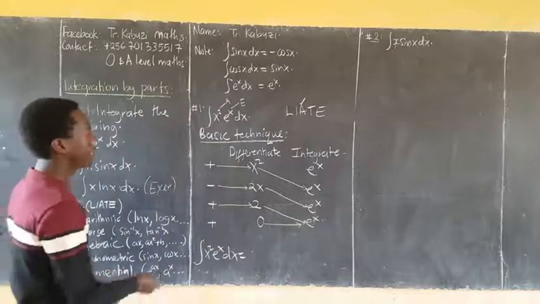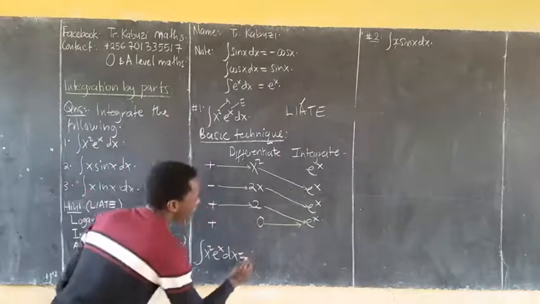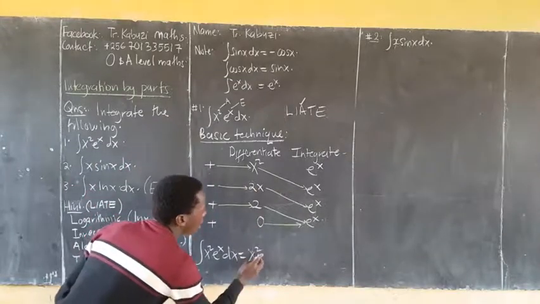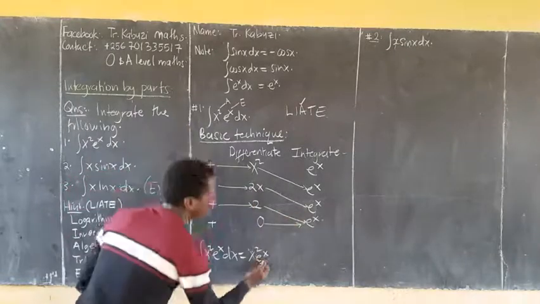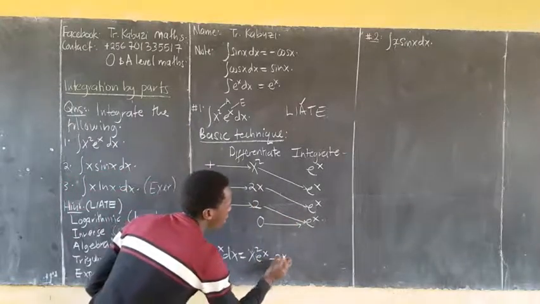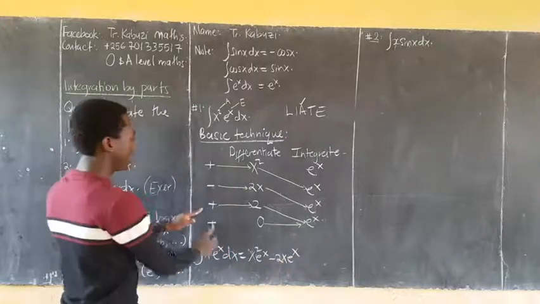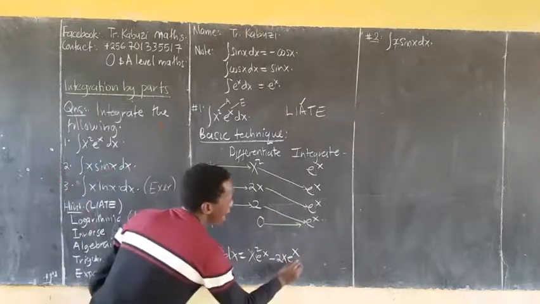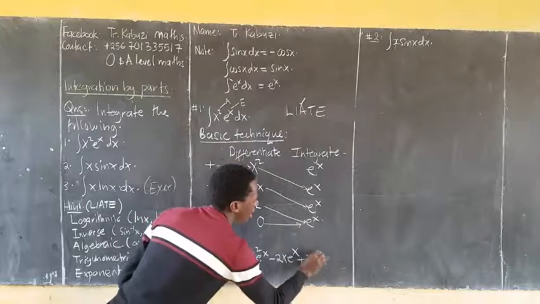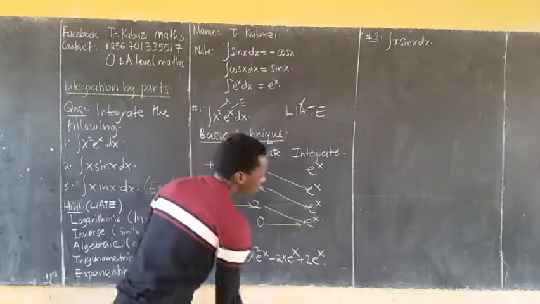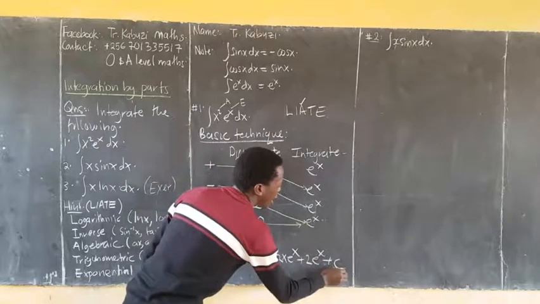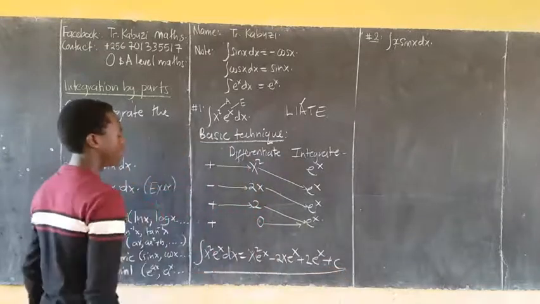This times this, I have x squared e to the x. This times this, minus 2x e to the x. Then this times this, I have plus 2 e to the x. Then this times this, I will have a 0. Then I put a constant of integration.